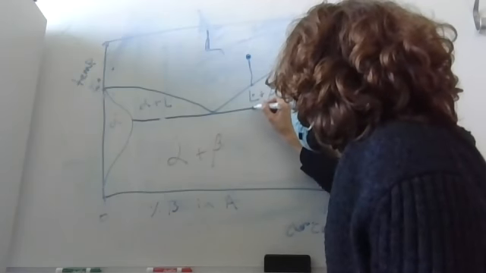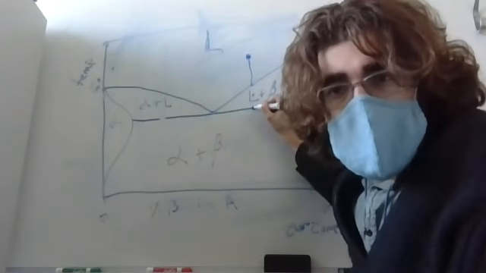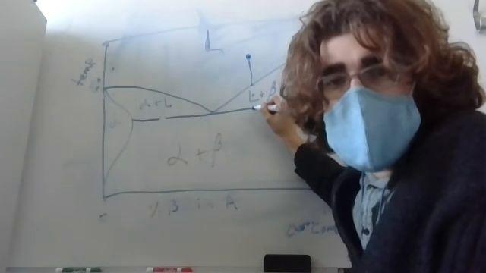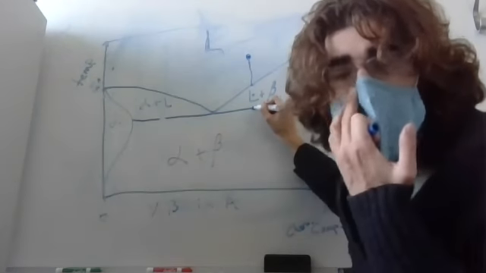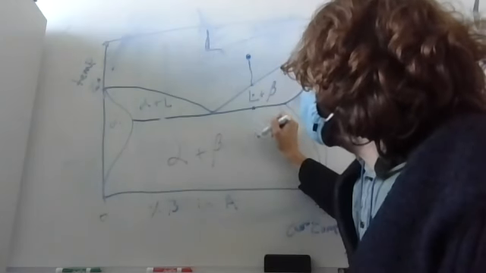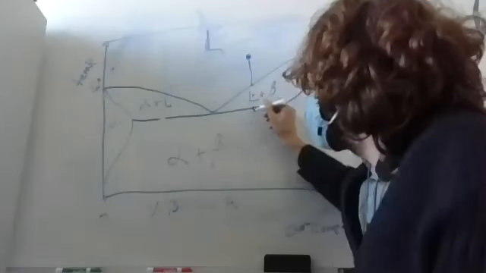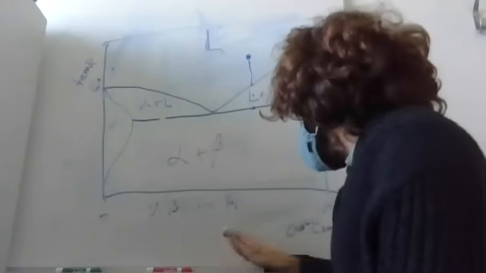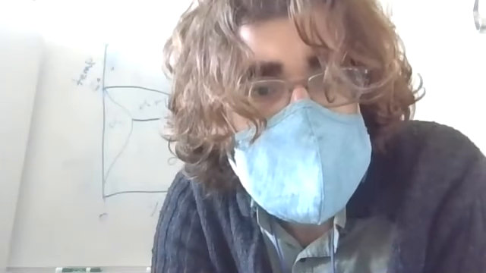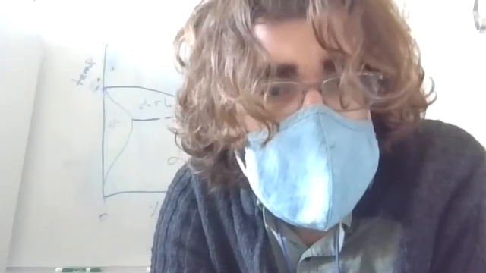As we reach this point here, we will have another phase separation occur, where we no longer have a liquid and a beta phase, but now we have an alpha and a beta phase. So what that could look like, a couple of things. Let's see.